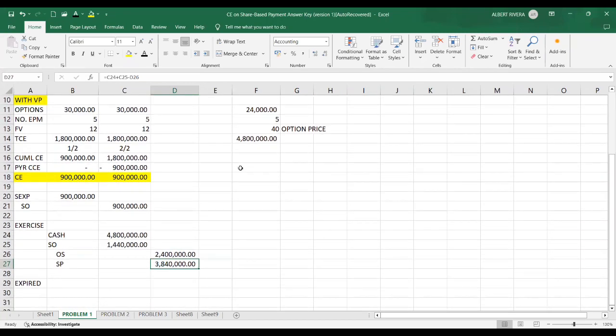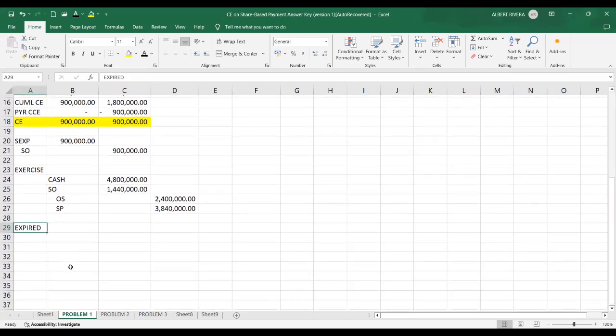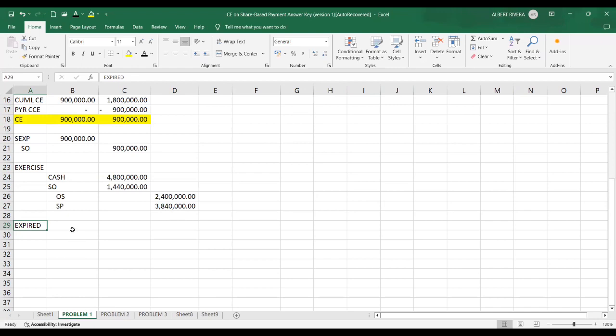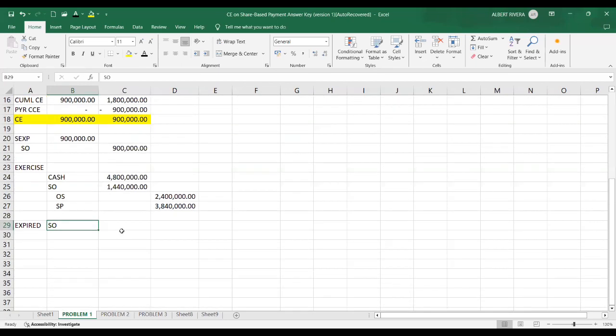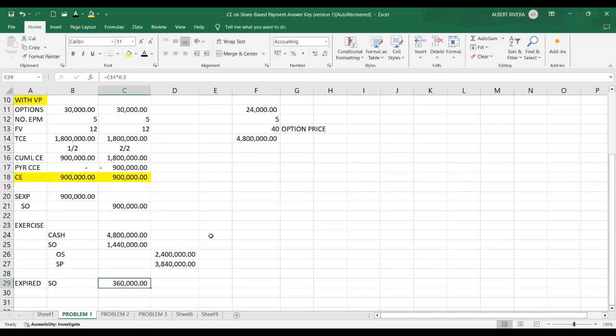Okay? How about the expired? So that is just a reclassification. Debit mo si share options and the expired here is equivalent to 6,000 options times 5 times 12. That would be 360,000. Okay?